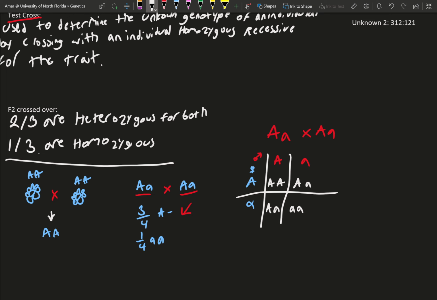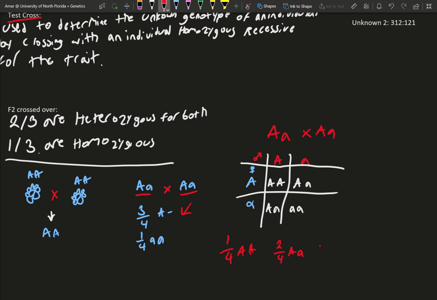So basically, how do we actually know the proportions of these individuals from the following cross? Usually what I get from students is that they say, to get big A, it's 1/4. To get big A, little a, it's 2/4.